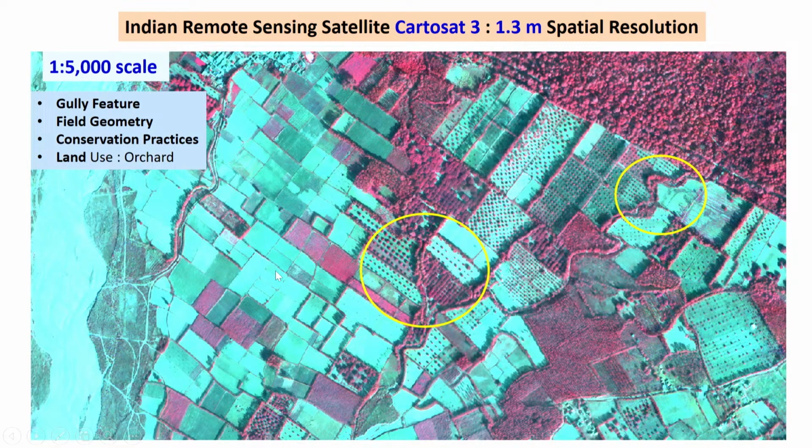So the combination of these three radiations will decide what color will appear on the satellite data. Today satellite data are available with the highest resolution. You can see individual agriculture fields also. That's why we say Cartosat 3 satellite data can be used for village level mapping, even for an individual farmer's field.